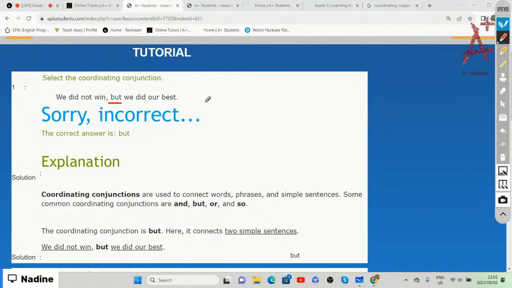So then if we read the whole sentence together, we can say, we did not win, but we did our best, right? So, like I said, these are two simple sentences that are joined by the coordinating conjunction but.